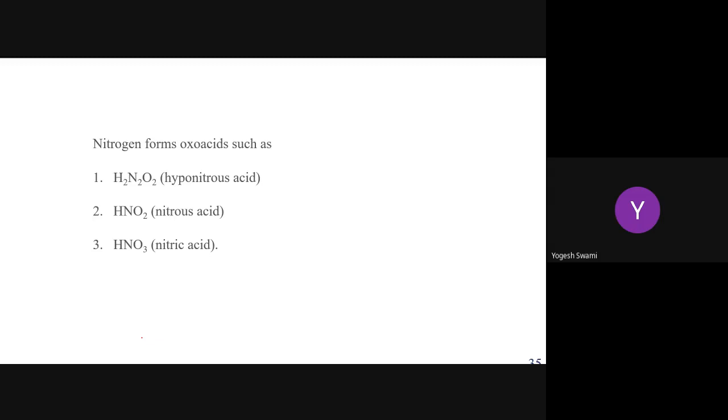Now we discuss some special cases of oxo acids. Oxo acids of nitrogen. Oxo acid means hydrogen is present in the form of OH and that is released in the form of H plus ion. Such compounds are known as oxo acids.